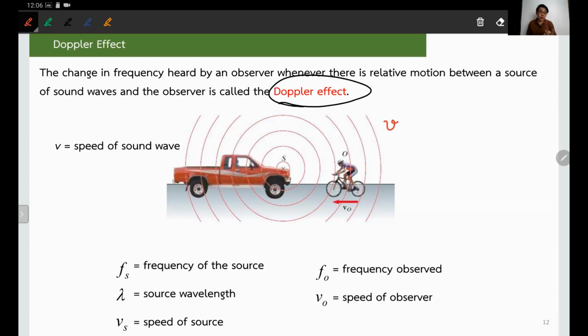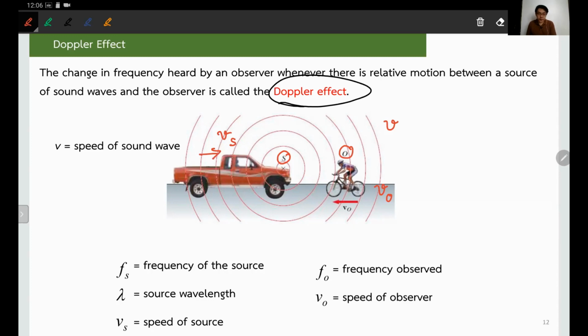And because right now we have two parties that we are looking at, an observer, we're going to use O for that, and the source, we're going to use S. And because we are allowing these two to move, they will have their own velocity. So we can use a subscript O, V sub O, representing the velocity of the observer, and V sub S representing the velocity of the source.